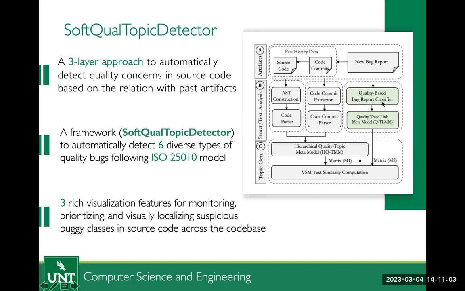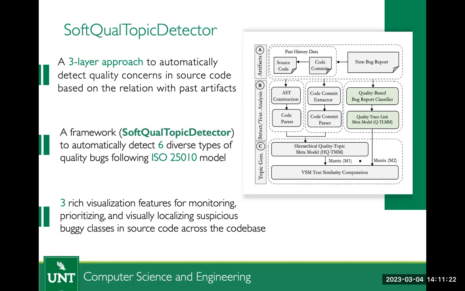We built a classifier, which is our previous work, that can automatically detect whether an arbitrary reported issue in issue tracking is security related or concerns other issues such as performance or usability.